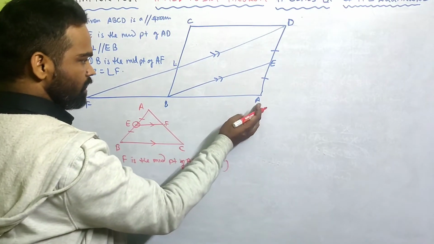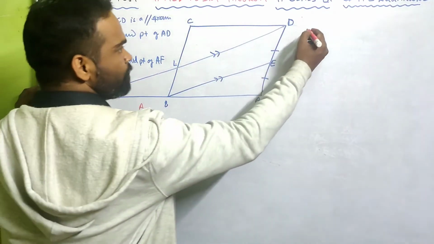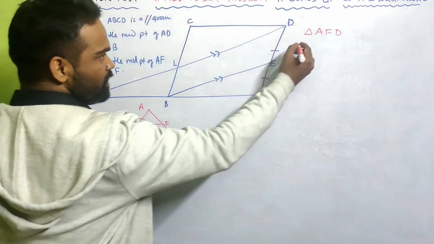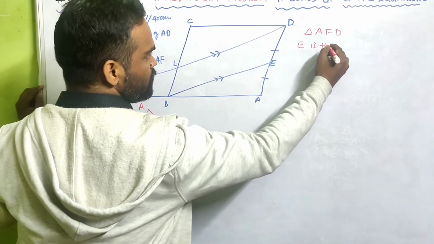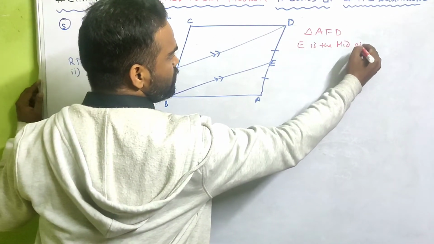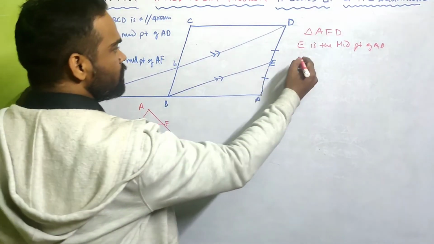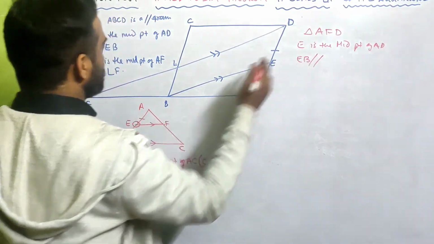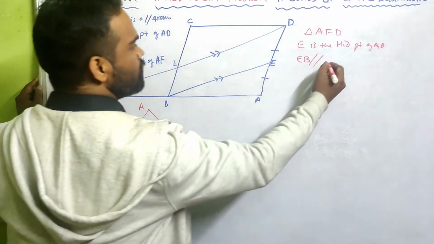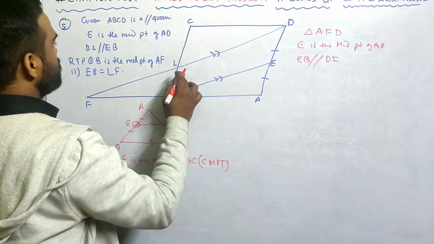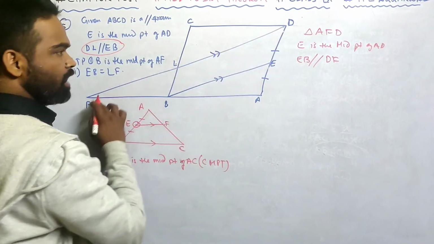Same logic. In triangle AFD, look carefully. E is the midpoint of AD and EB is parallel to DF. Why? Because EB is parallel to DL, so it is parallel to DF also.